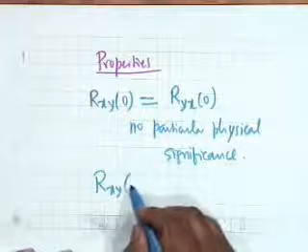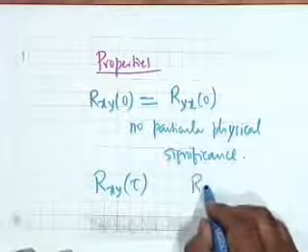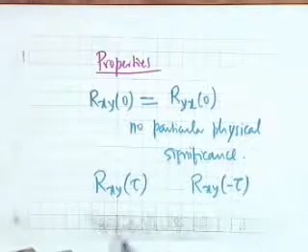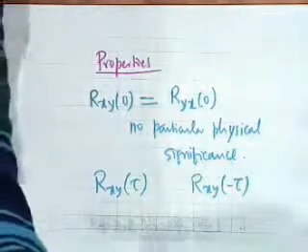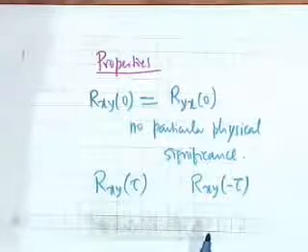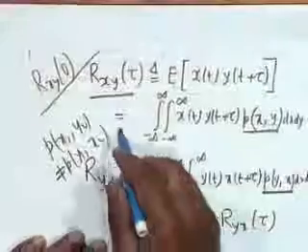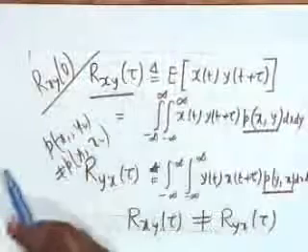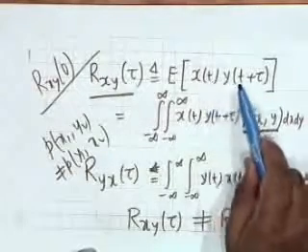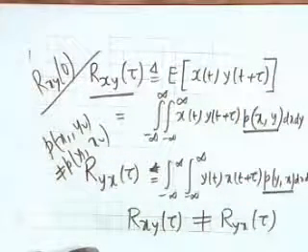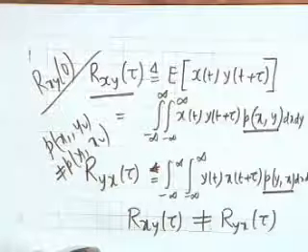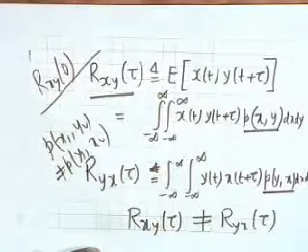What can you say about this Rxy tau and Rxy minus tau? Let me go back to the definition. This is Rxy tau. If I change tau to minus tau, then I shall have x(t) and y(t minus tau), or Yx tau. Are they equal?